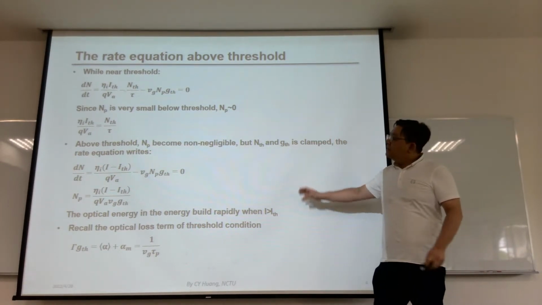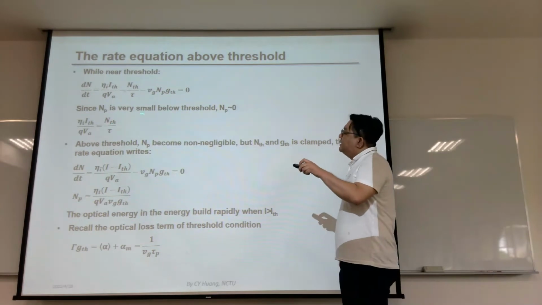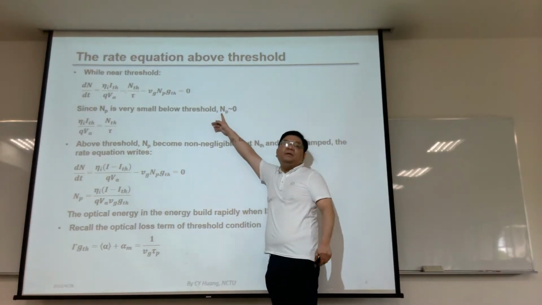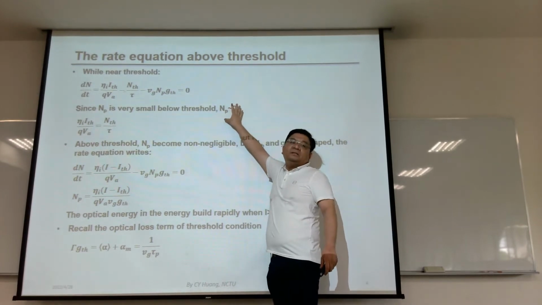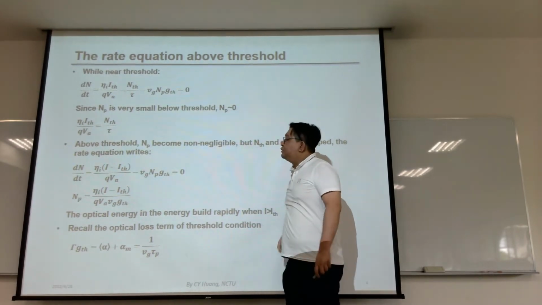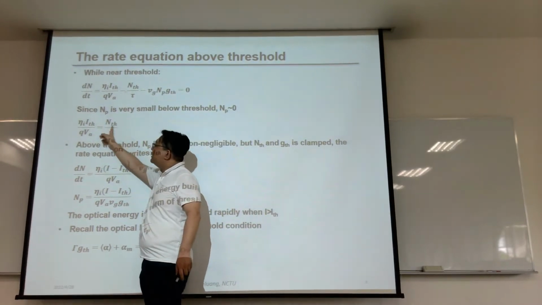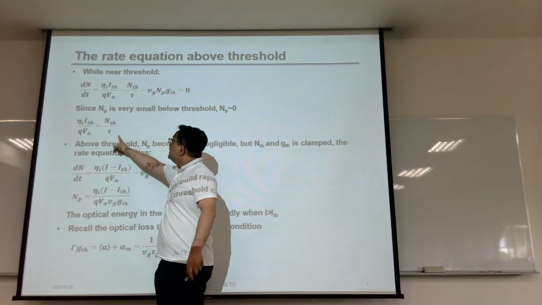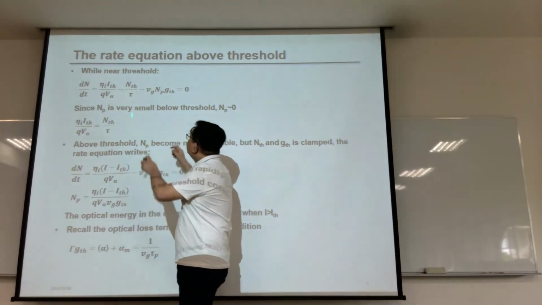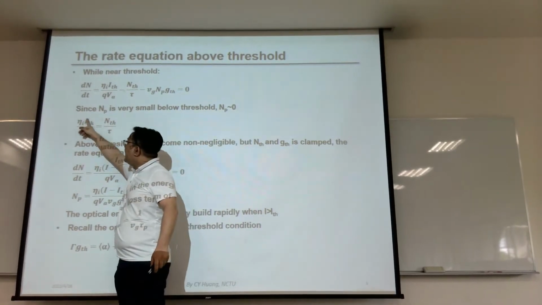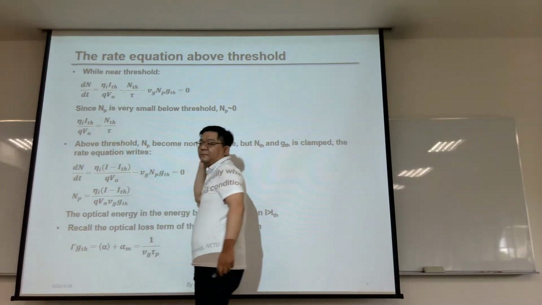So we can roughly assume at the threshold current condition that N_P equals 0 as a reasonable simplification. Then we have the threshold carrier concentration divided by tau, since this term doesn't exist now, equal to I_TH divided by qV.